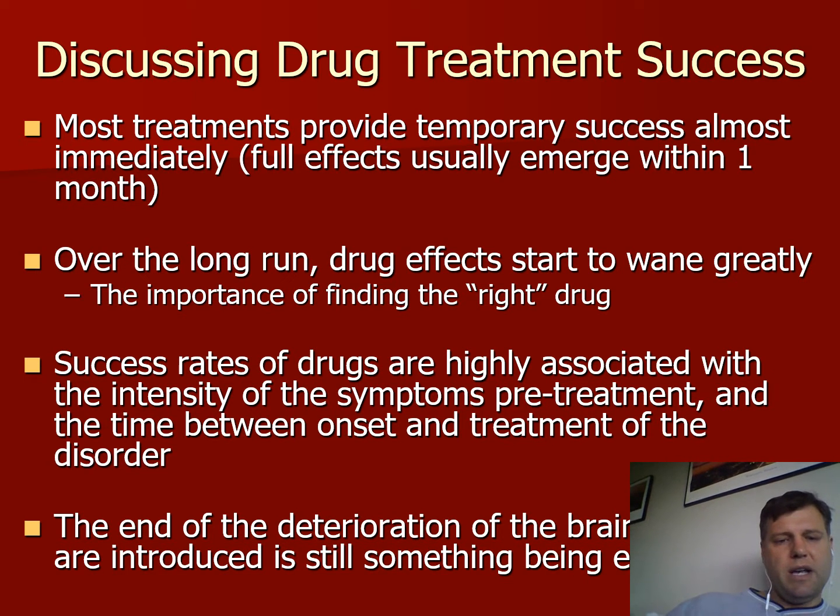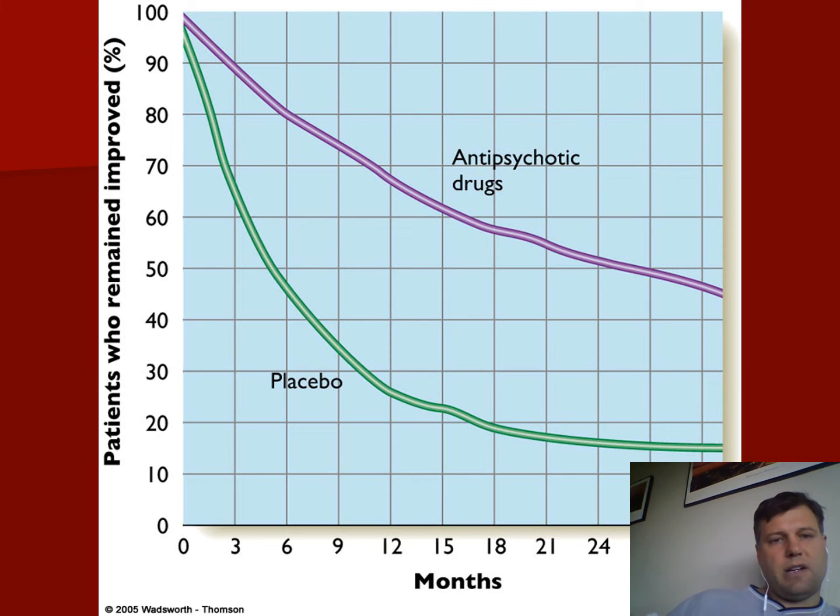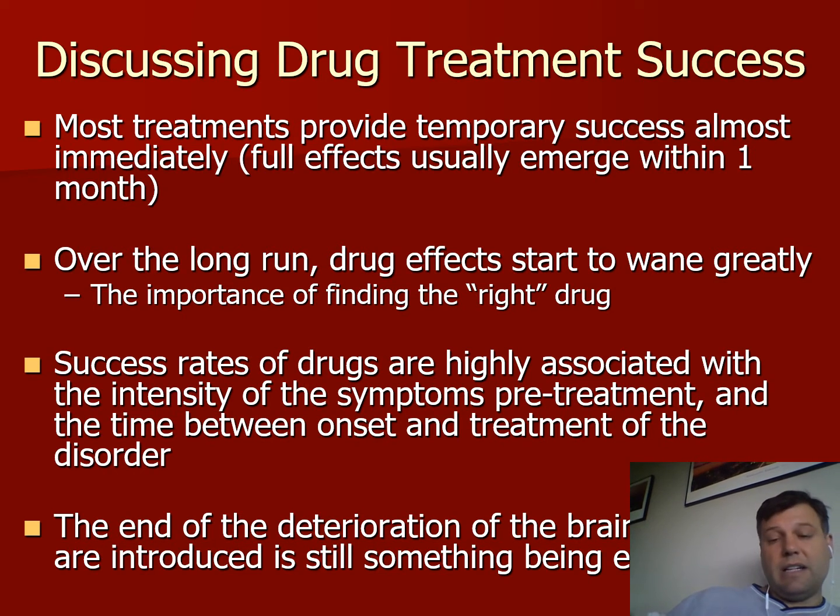Because, as I mentioned, almost all drugs work really well, but all of them tend to wane in effectiveness over time. And it's not until you find the right combination of drugs and usually some type of therapy that people struggling with this see a remission of these really problematic symptoms. And this is unfortunately a lifelong thing. So figuring out what the right intervention is, how to keep these people on it, how to pay for these types of things, is still an ongoing struggle.